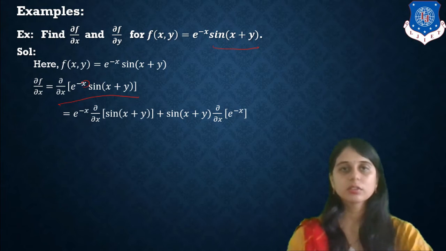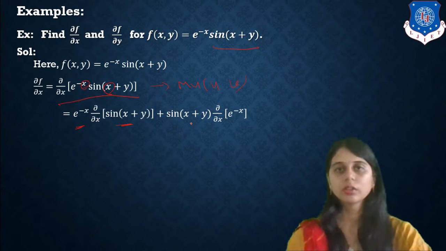Here both are functions containing the same variable x, so we apply the product rule, that is u into v: u as it is, differentiation of v, plus v as it is, differentiation of u.